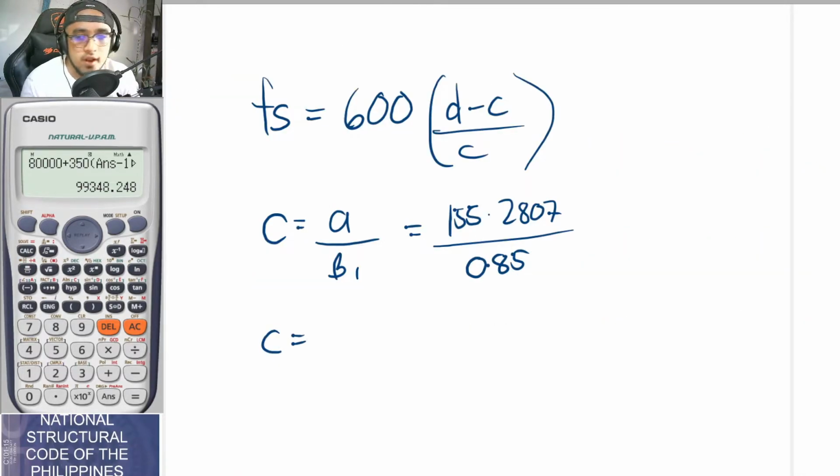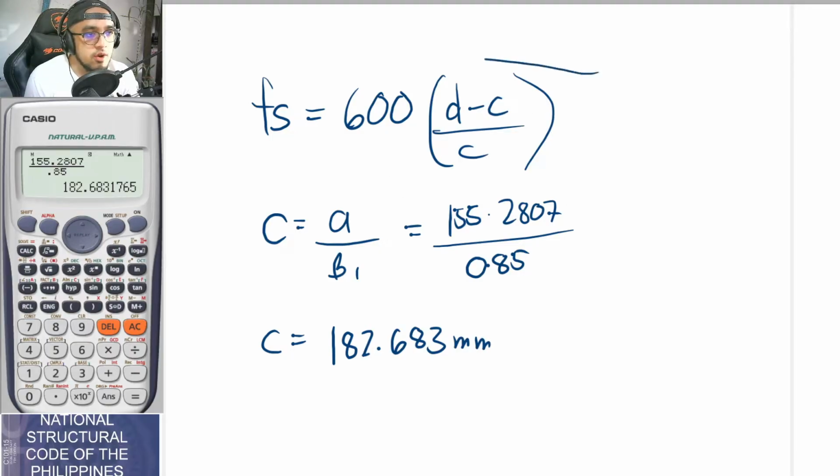Our value for C is now equal to 155.2807 divided by 0.85, which is 182.683 millimeters.